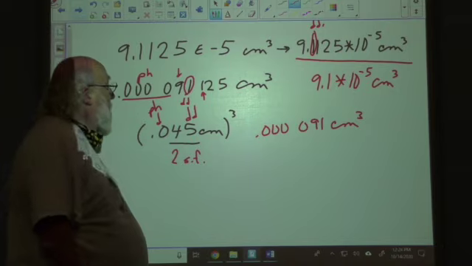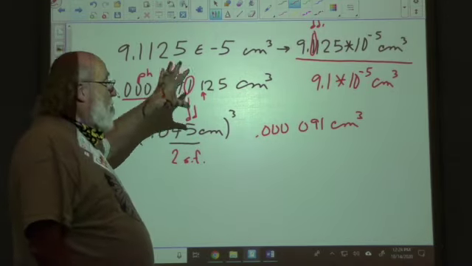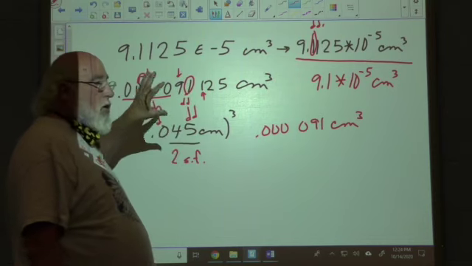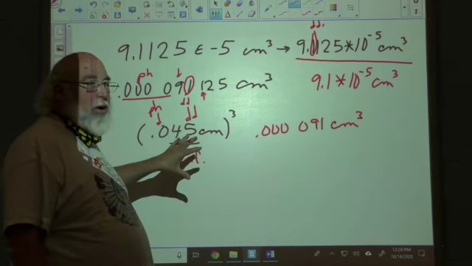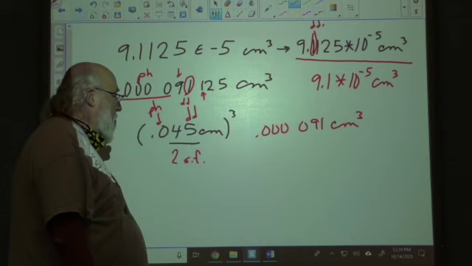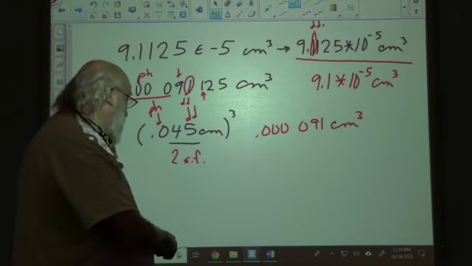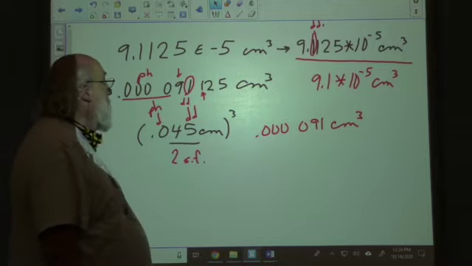But the bottom line is, keep the weakest link rule in place. Whatever the lower or lowest number of significant figures happens to be in the setup of the problem, that is how many significant figures you're going to have in your answer.